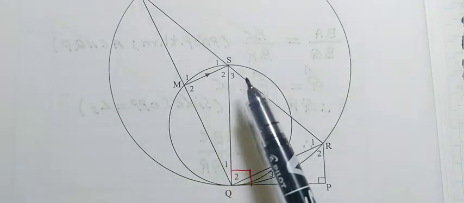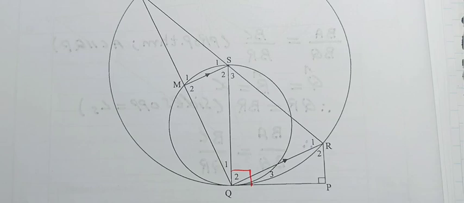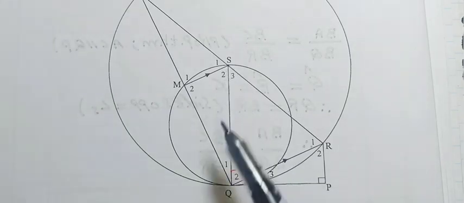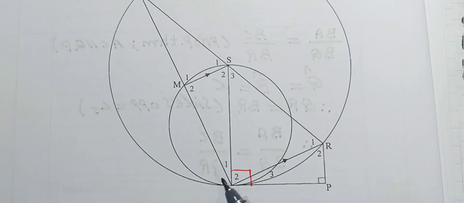So SQ is perpendicular to QP, tangent perpendicular to radius. Therefore we can say SQ is a diameter of the smaller circle, and the reason is converse tangent perpendicular to radius.